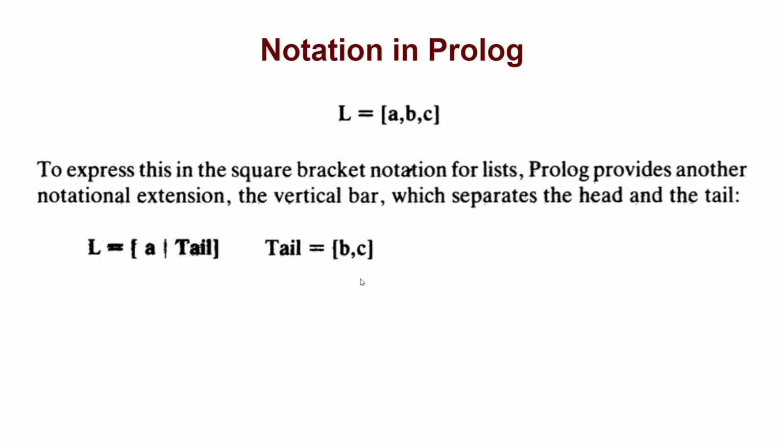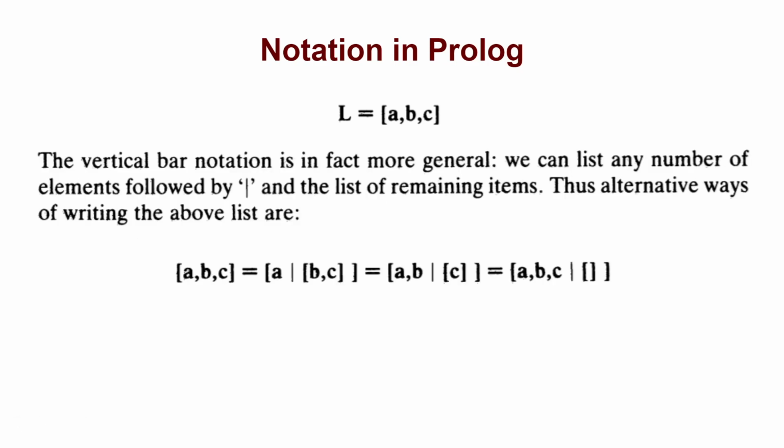Let's see more examples of these lists using this notation. In fact, this vertical bar is a very general notation, and it allows us to separate the list as we want.